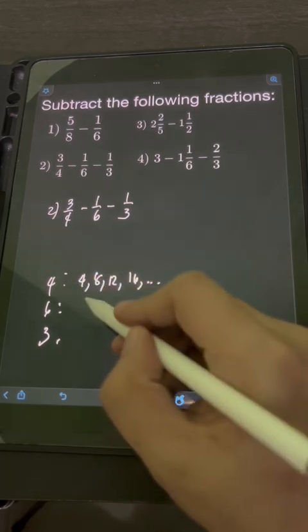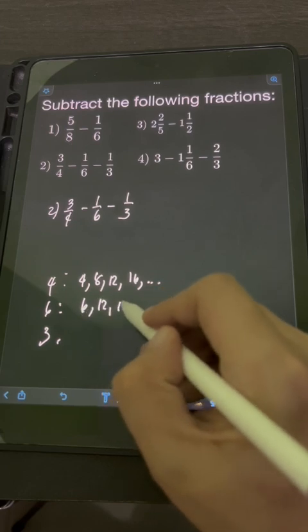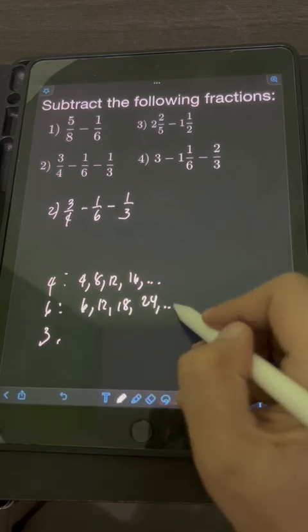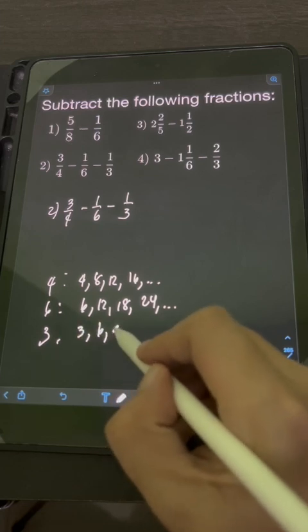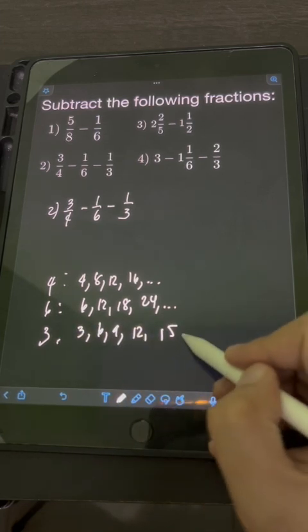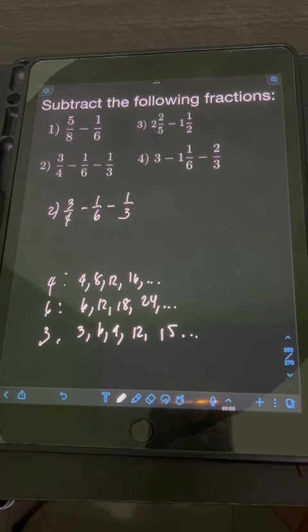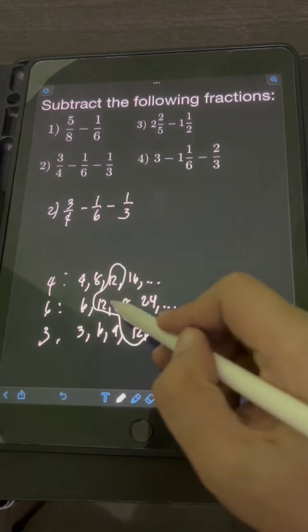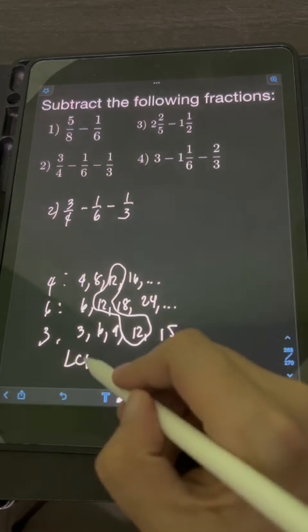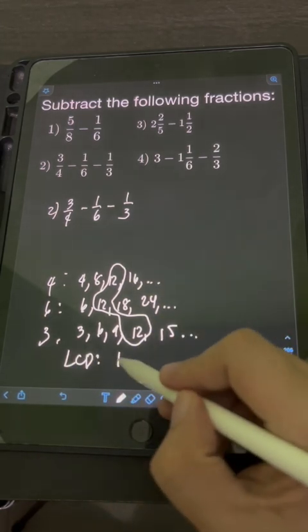For 6, they are 6, 12, 18, 24, and so on. For 3, the multiples are 3, 6, 9, 12, 15, and so on. So we look for the first common multiple that appears. Obviously, that's 12. Therefore, the LCD of 4, 6, and 3 is 12.